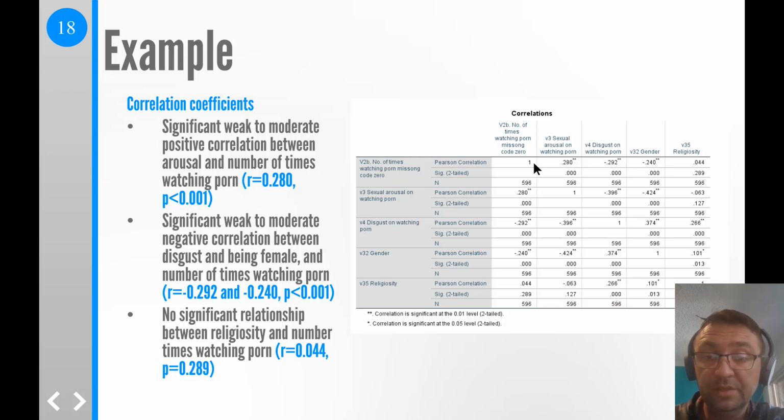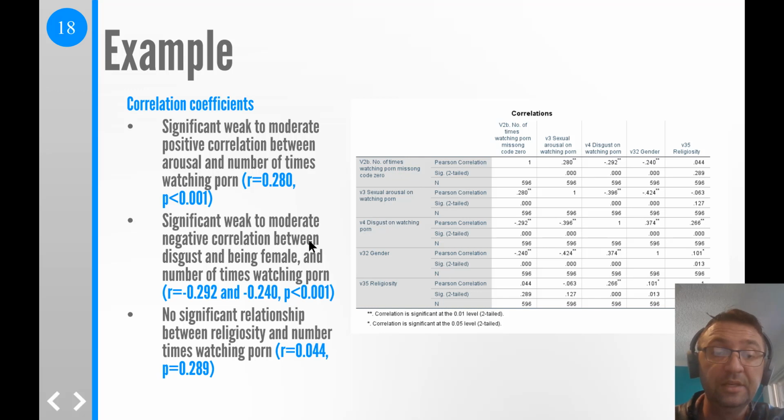So number of times watching and sexual arousal on watching porn is 0.28, and see the significance. See that 0.000? Well, that means it is less than 0.001. SPSS doesn't report p values lower than that.